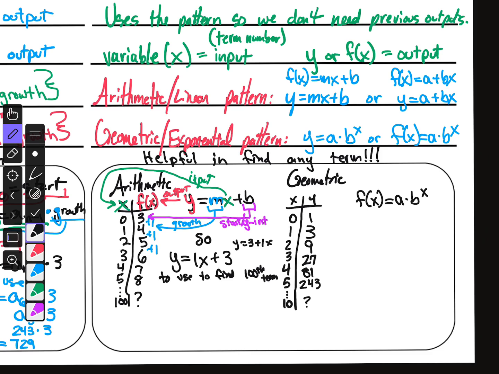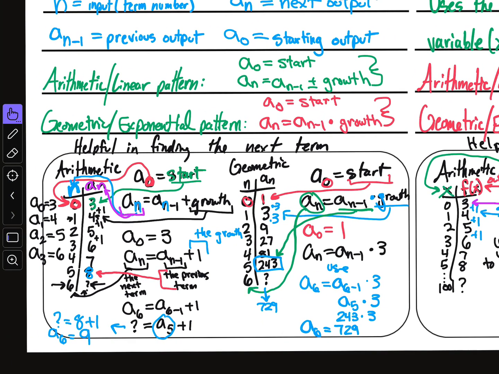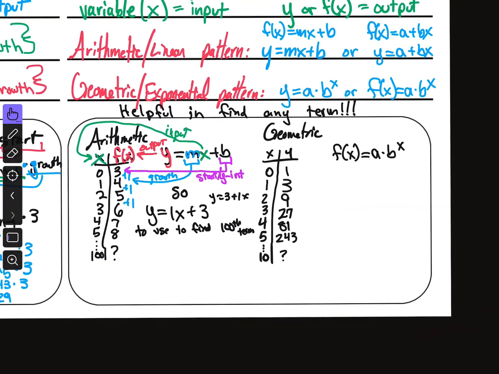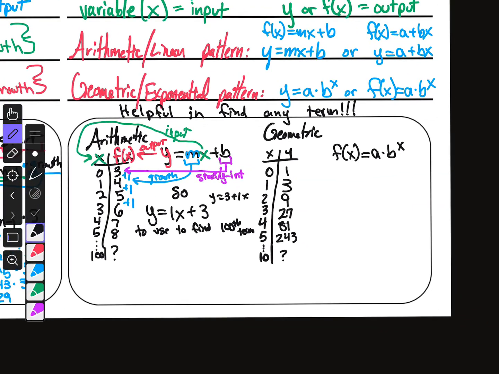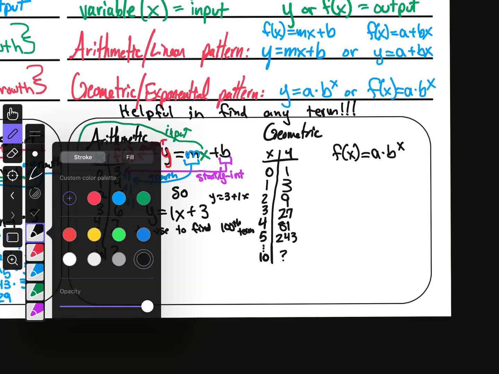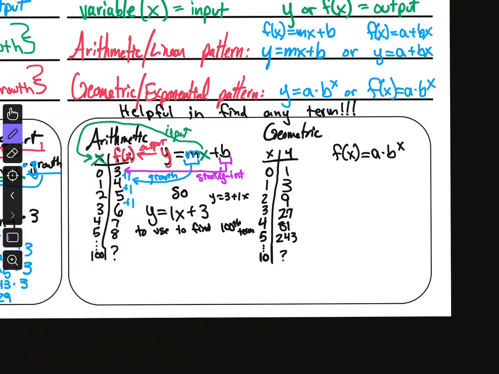That's like a 3 exclamation point. Whereas back over here was helpful just in finding the next term. Didn't help us when we got clear down here and we wanted to skip a bunch of stuff. Only helpful in finding the next. Whereas this one is super, super, super helpful when it comes to figuring out this 100th term.